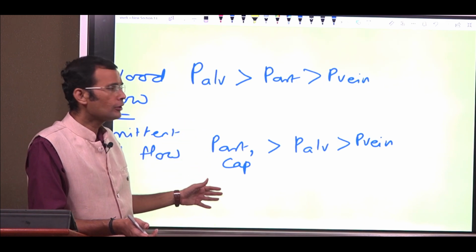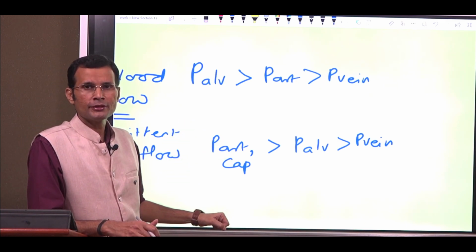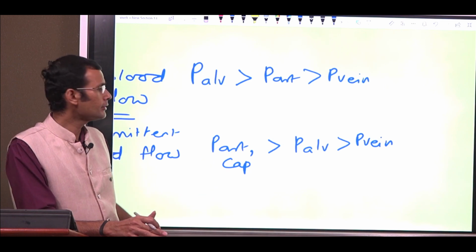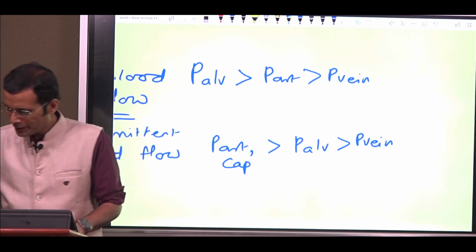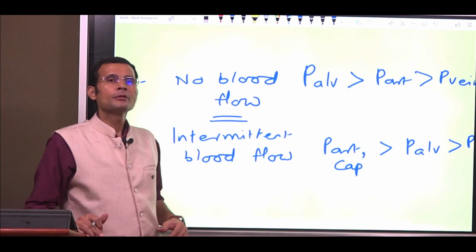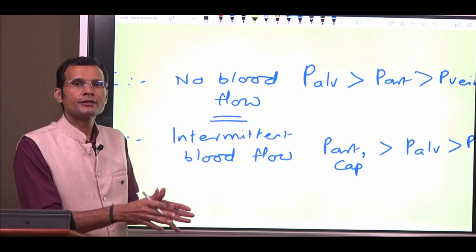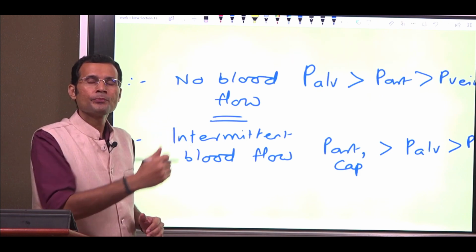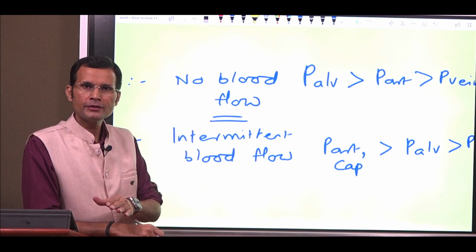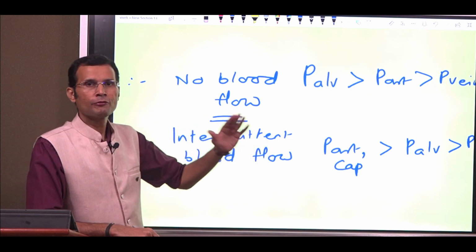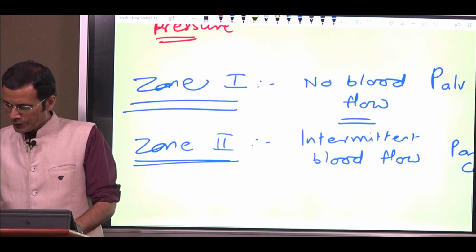But during diastole, the alveolar pressure will compress the vessels and there will be no blood flow. So you can understand that during systole, the pressure in the vessels increases and the alveolus cannot compress it. So blood flow occurs intermittently.